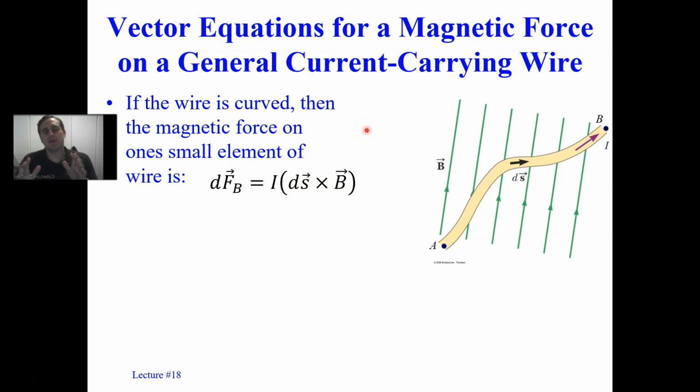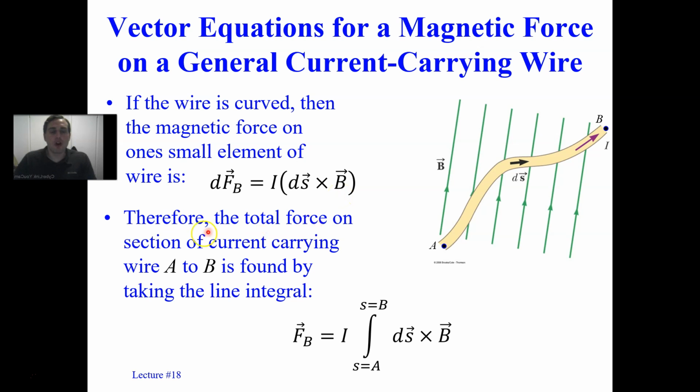That is to say, if the wire is in some path, and we call that path S, notice that a little bit of force on the wire, some differential amount of force, is due to that differential arc length, ds. I is the electric current, and again, B is the magnetic field vector.